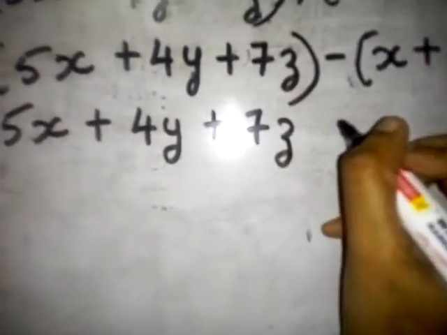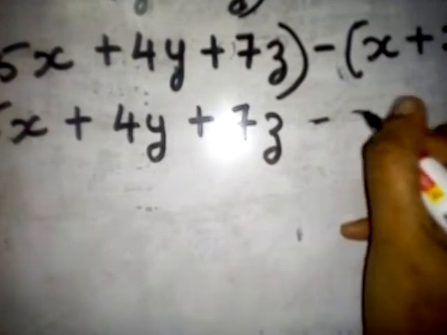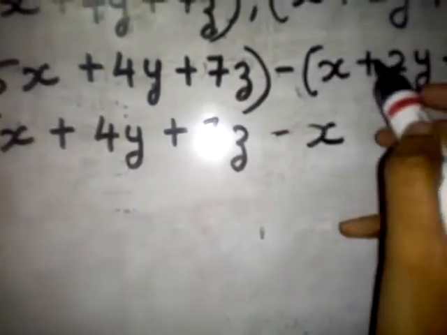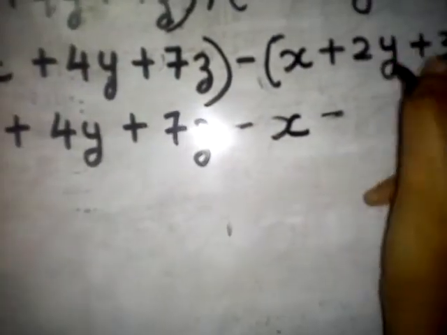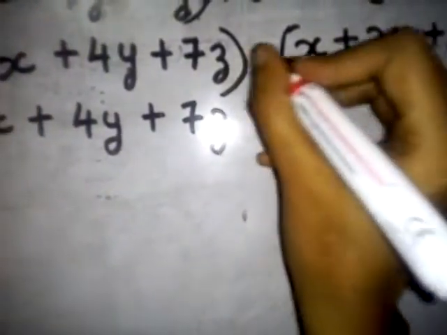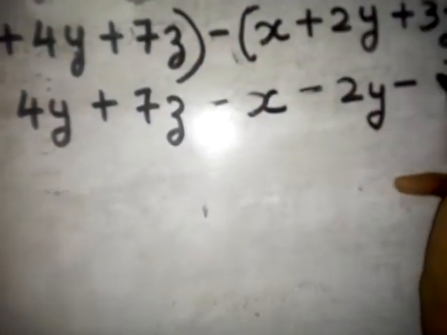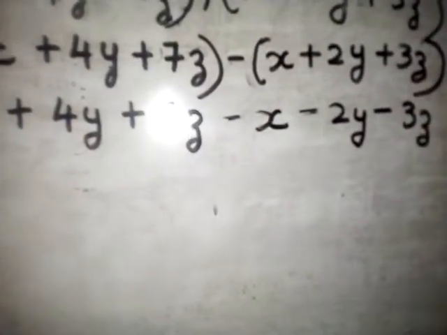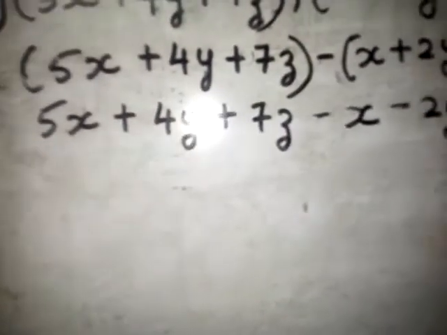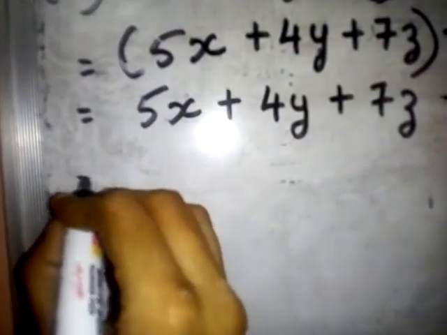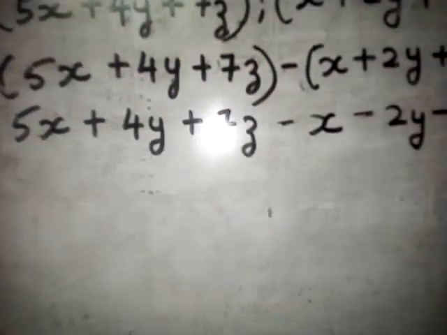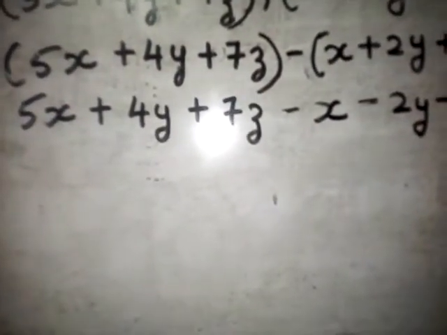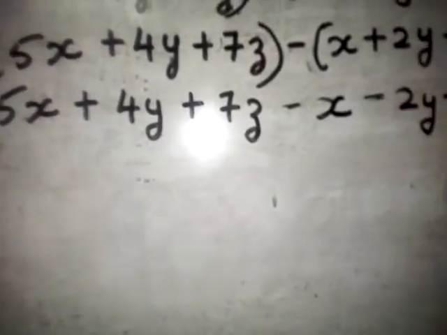Minus into plus is minus, minus x, minus into plus, minus 2y, minus into plus, minus 3z. And now like terms you have to write together. Different numbers with the same variable, bring them together and write.